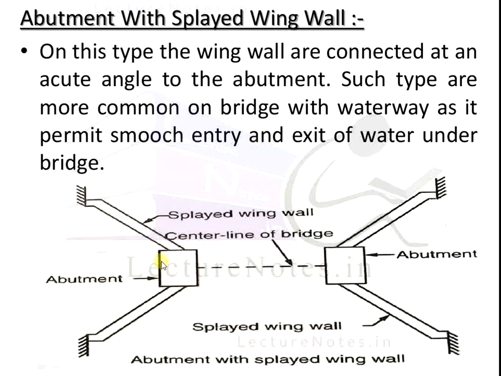This is the actual picture or image of the abutment with splayed wing wall. The splayed wing wall is nothing but an acute angle shape, and this is the main abutment at the center line of the bridge. It is the abutment with splayed wing wall.